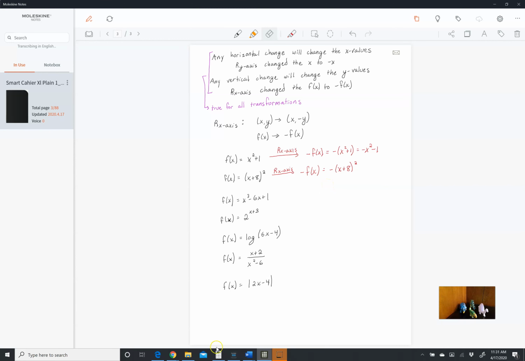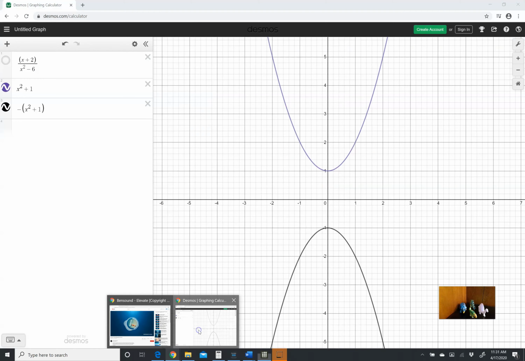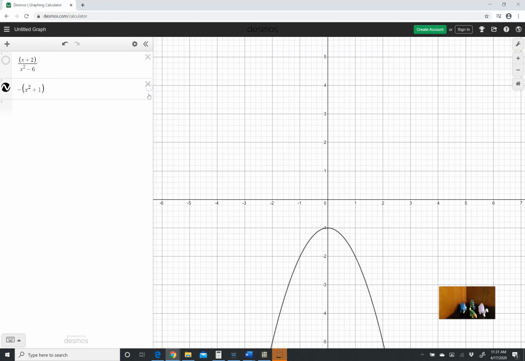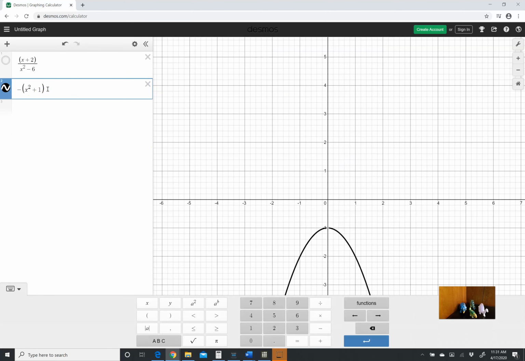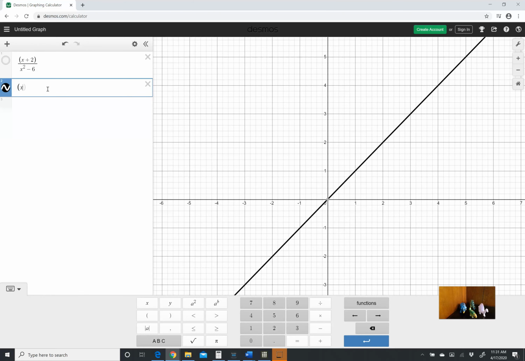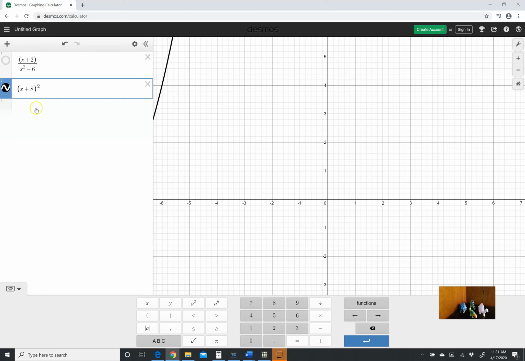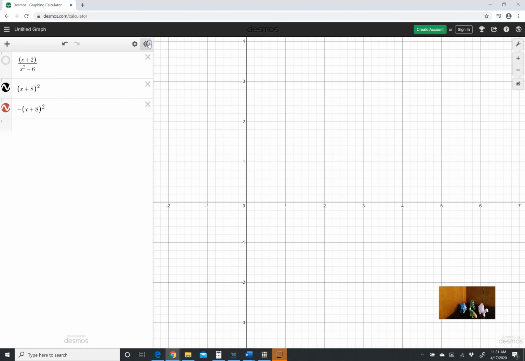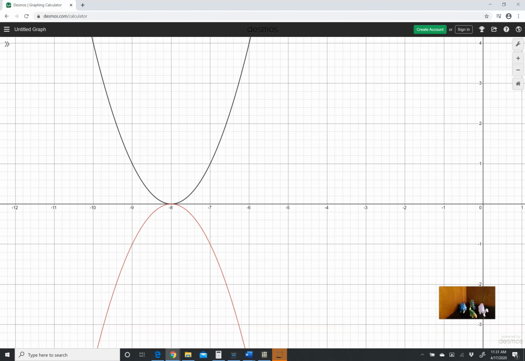And once again, let's do this one. We're not going to graph all of them. But this was x plus 8 squared. And now we're going to do negative x plus 8 squared. And you can see here, again, it's a reflection in the x-axis.